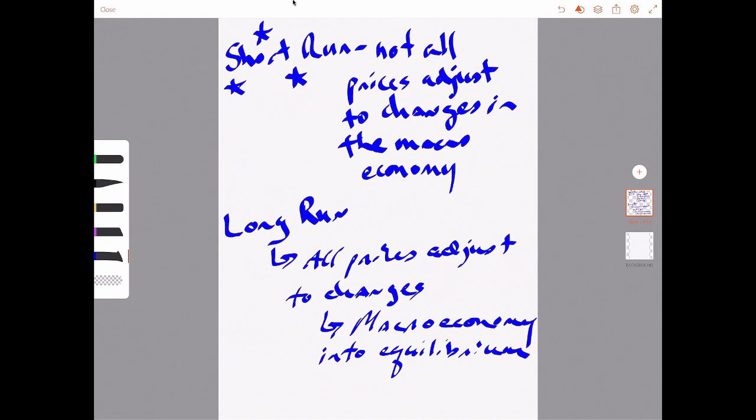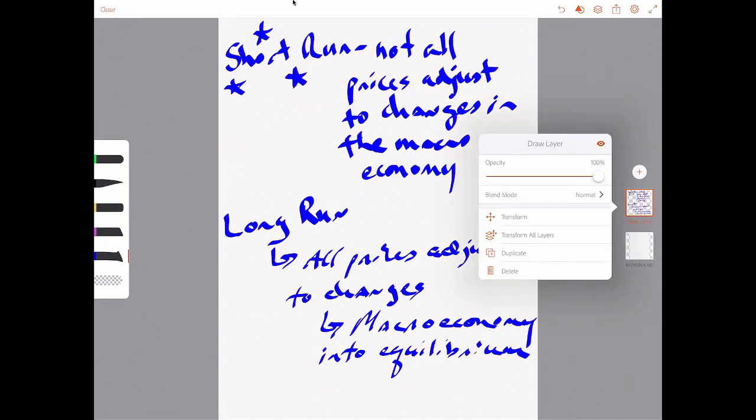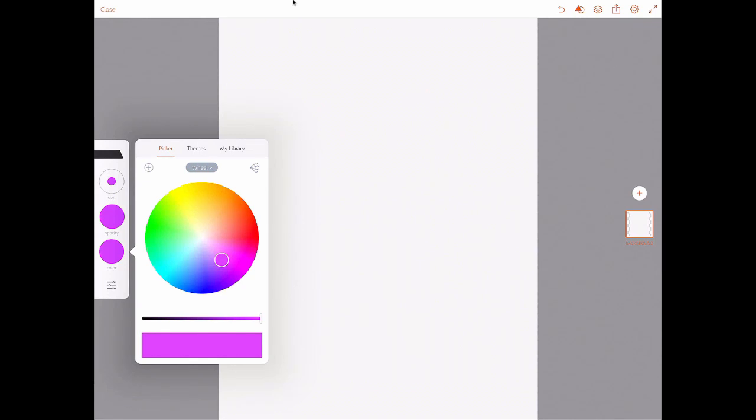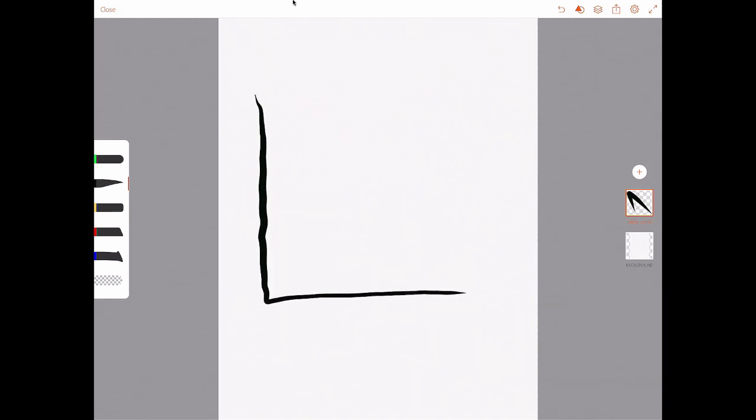So with that background, let's take a look at what a long run curve looks like. I'm going to start off with long run because it's a little bit easier to deal with and a little bit more straightforward. So here is our setup.